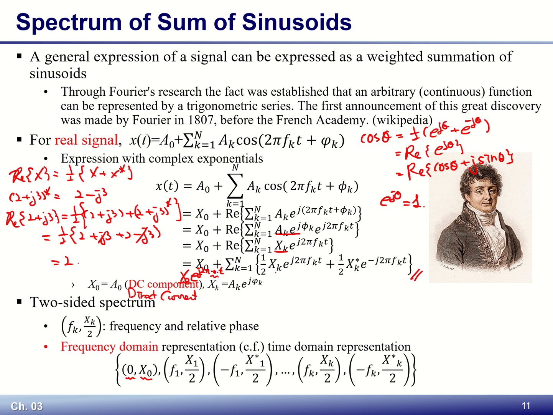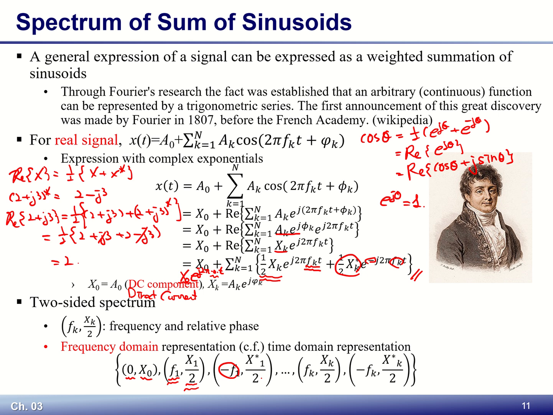And when k is 1, the frequency will be f1. Then its amplitude will be xk over 2. In the case of minus fk, the magnitude will be xk conjugate over 2.